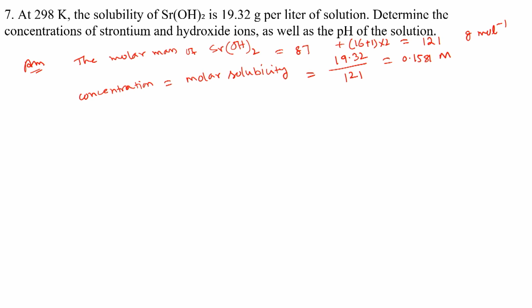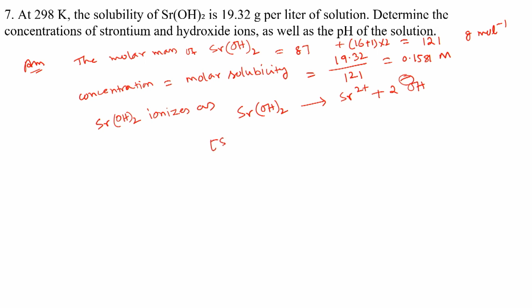So this is the number of moles present. Okay. So now we need to consider the ionization of SrOH2. So SrOH2 ionizes as Sr2 plus and 2OH minus, right.